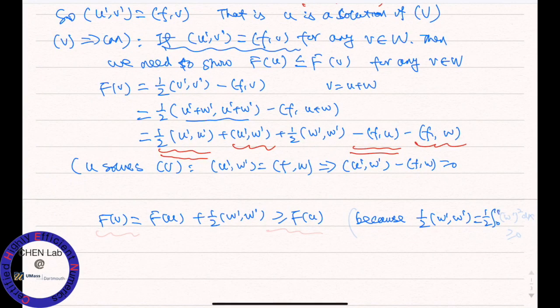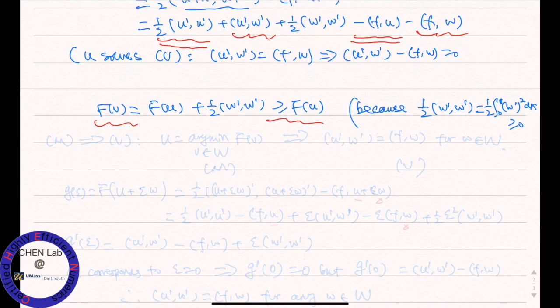So it's the integral from 0 to 1 of w' squared dx. You're integrating a square function, so that's always non-negative, because you're integrating something which is non-negative. So there you go. We showed f(v) is larger than or equal to f(u). So u, the solution to V, is the minimizer of this functional.